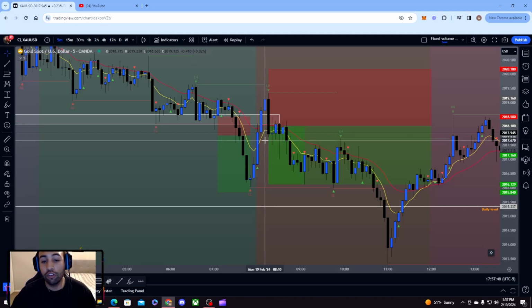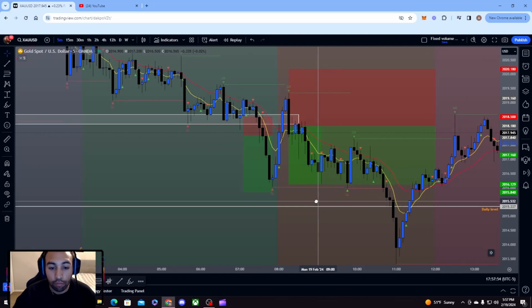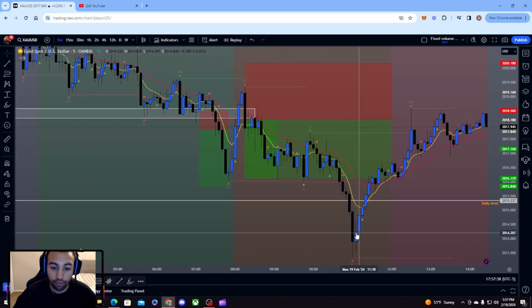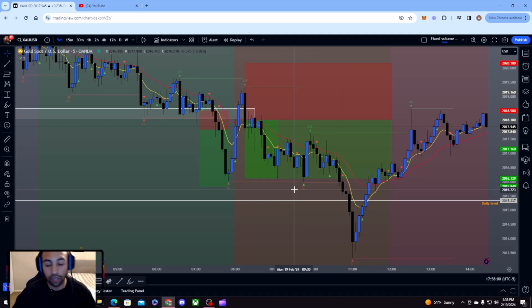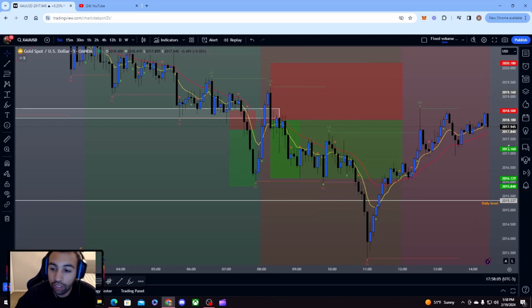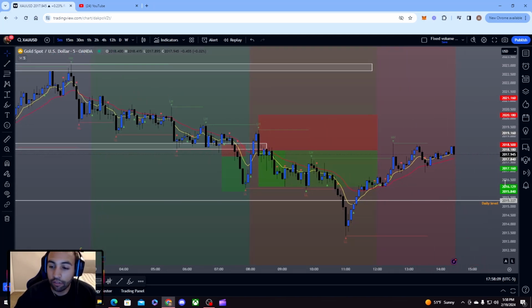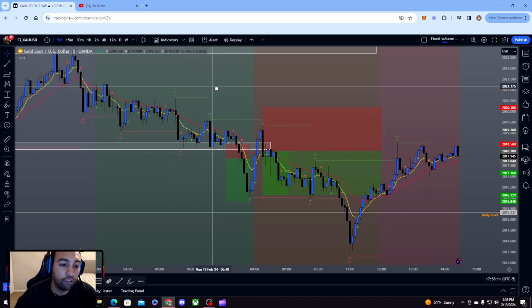I did a market execution trade, went back into my sales, gave it a second chance, and as you can see, price stayed below the EMAs and eventually hit full take profit. So still a profitable day, not too bad, but that's it for my trades today.